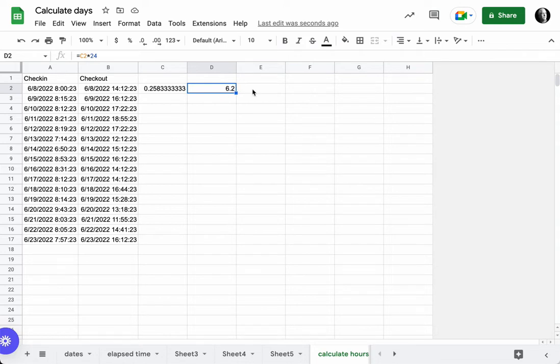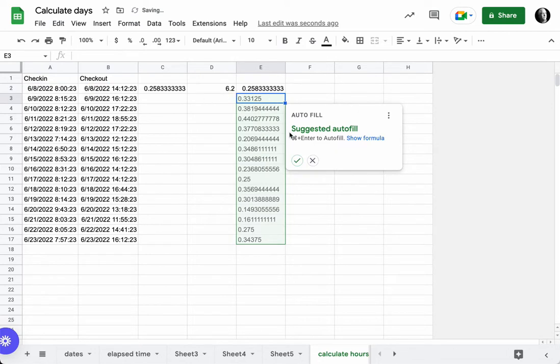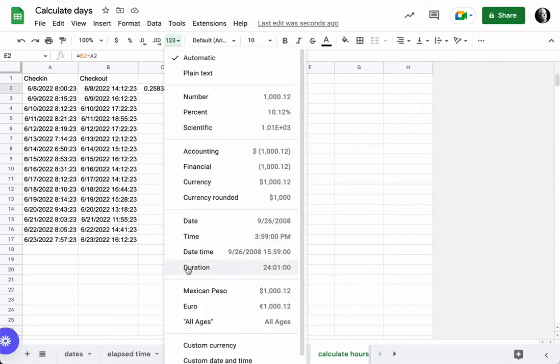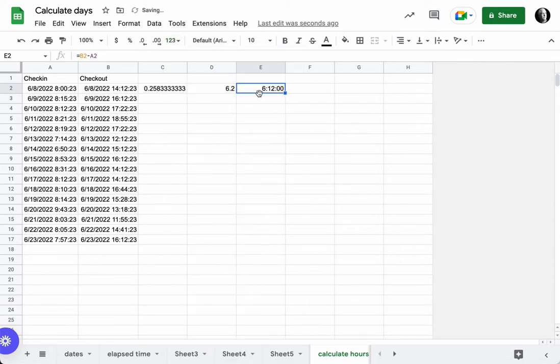Now let's also double check that, because if we took this same formula, equals this minus this, and we formatted that using the duration function, we get 6 hours and 12 minutes.